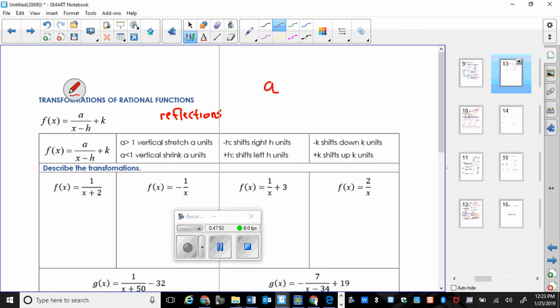If I have parentheses negative x minus h, plus or minus h, who cares, but the x is negative on the bottom, it's going to reflect over the y-axis. But let's say I have a negative on the other side.